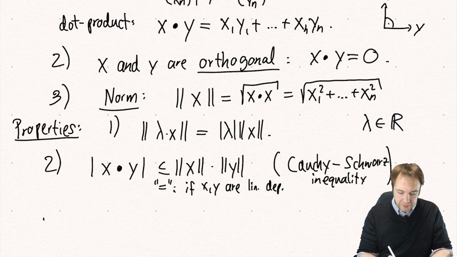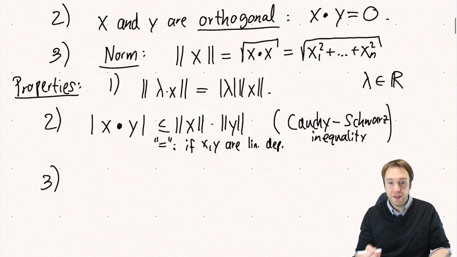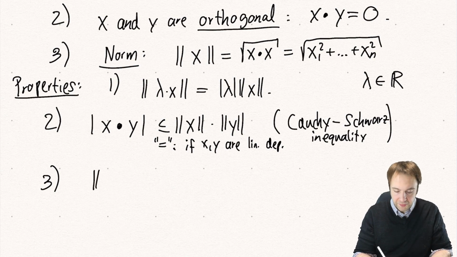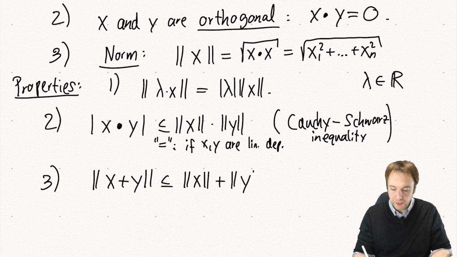And the third property, which somehow makes sense, is that if I take the sum of two vectors and then take the norm, then this is smaller than the sum of the norms of x and y.